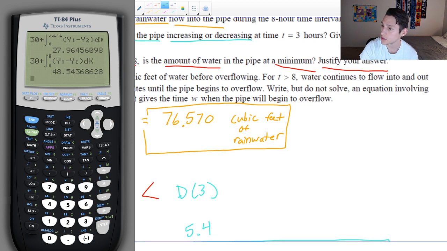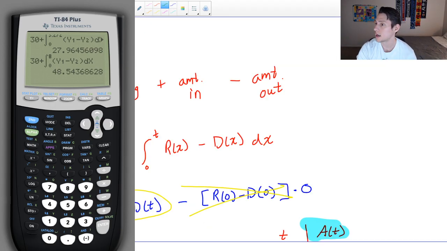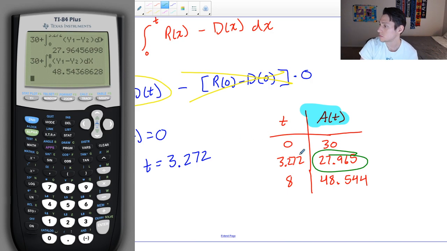Oh, no. So part C asks specifically at what time is the amount of water at a minimum. So it's not asking what is the minimum. It's just asking at what time. So I really care about, for my answer for part C, 3.272.